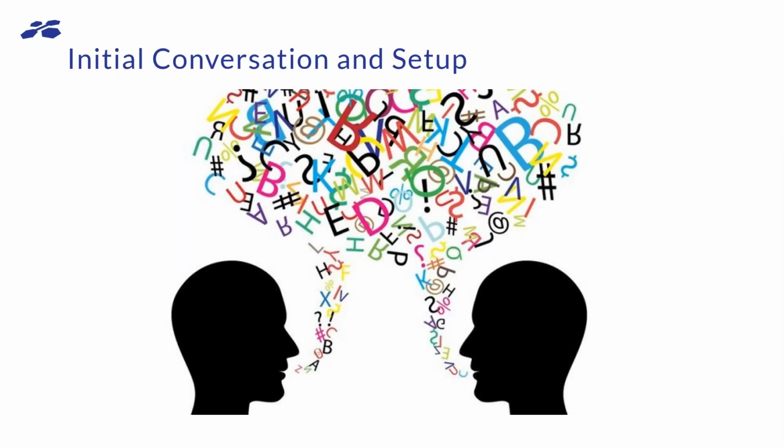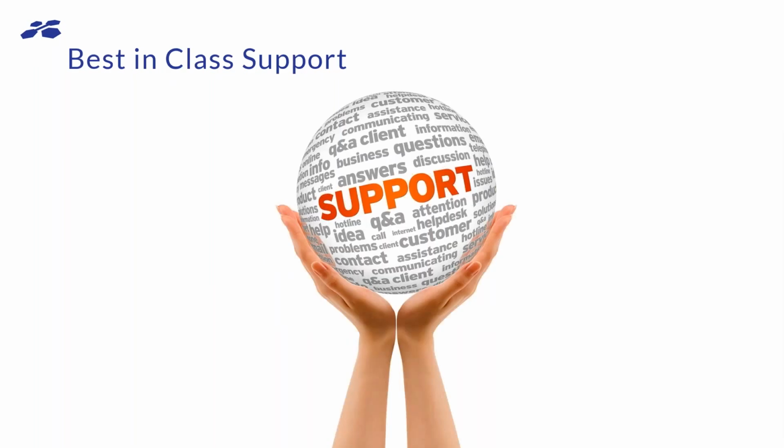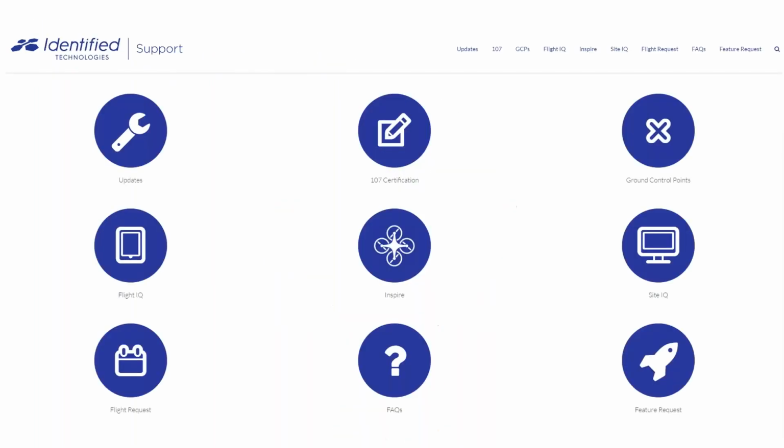We start with an initial conversation to see what your needs are, what your hopes and dreams and fears are, everything that success looks like in your company and what you're trying to get out of the program, to make sure we can set a plan in place to give you that. We're going to train and educate you and your team. You're going to have best-in-class support and access to not only in-person help, but also our online support center, going deep into detail on every aspect of the operation of our commercial drone solution.